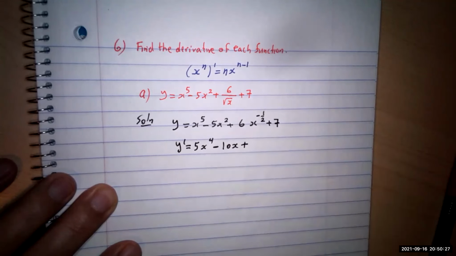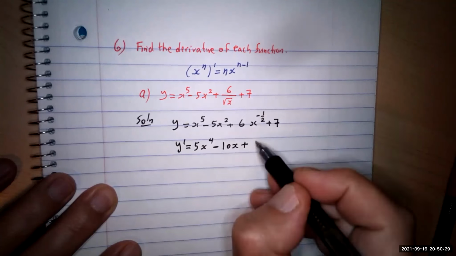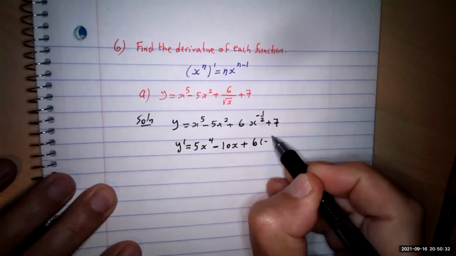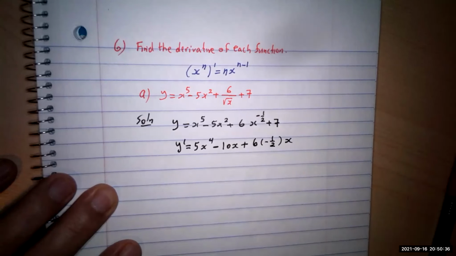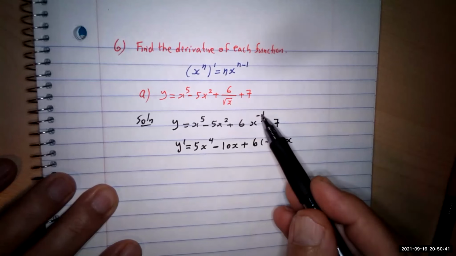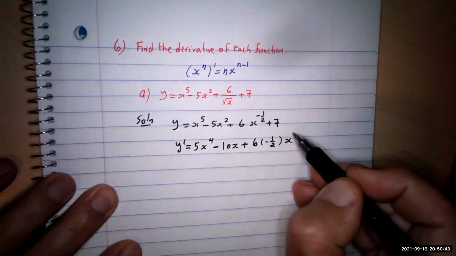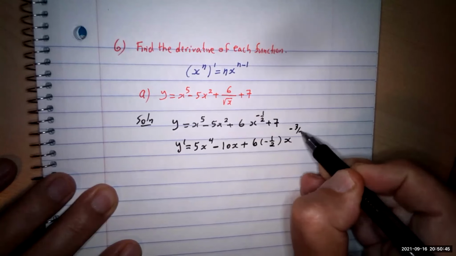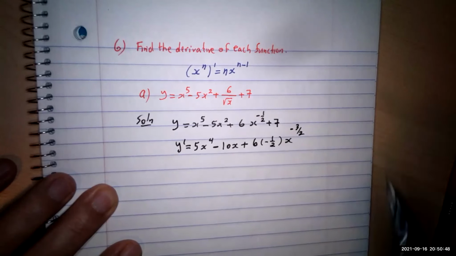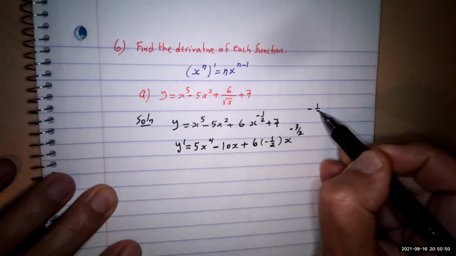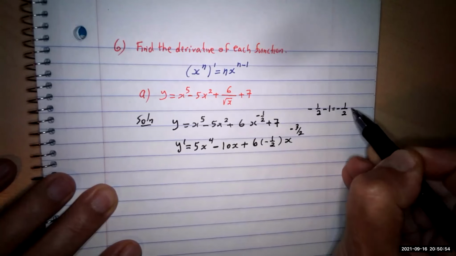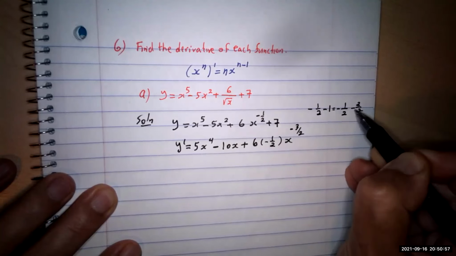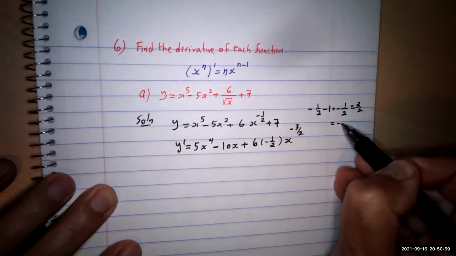Next one, plus. Exponent times coefficient. This is a fraction. We write it down, then we simplify. 6 times negative 1/2, x to the negative 1/2 minus 1. Negative 1/2 minus 1 would be negative 1 minus 2 over 2, which is negative 3/2.